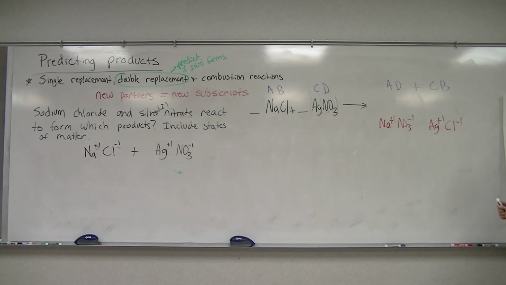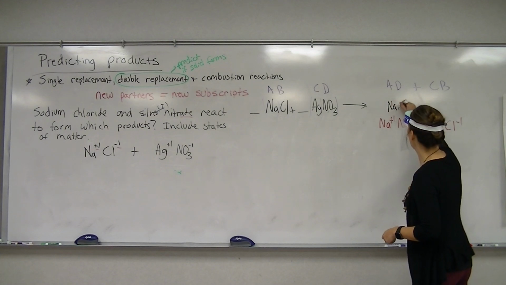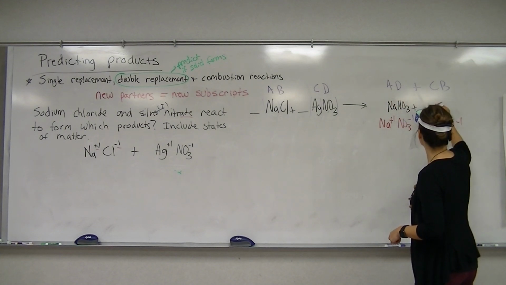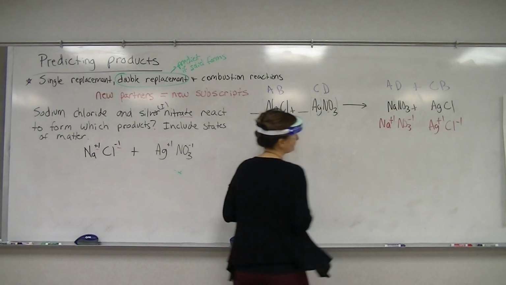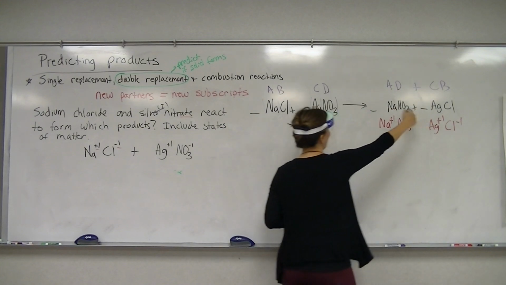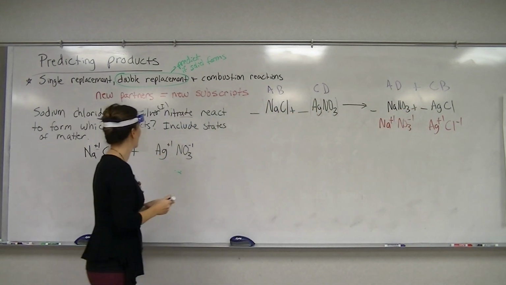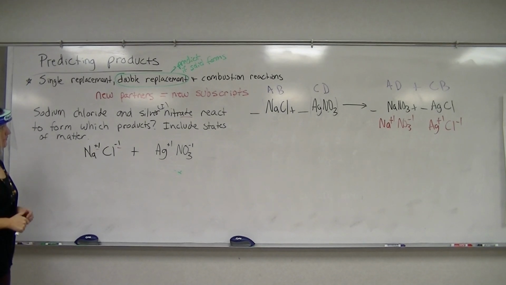So we don't have to add any subscripts. The products will just be NaNO3 plus AgCl. And it's already going to be balanced as well with a 1, a 1, a 1, and a 1. So there's one of each element or ion.